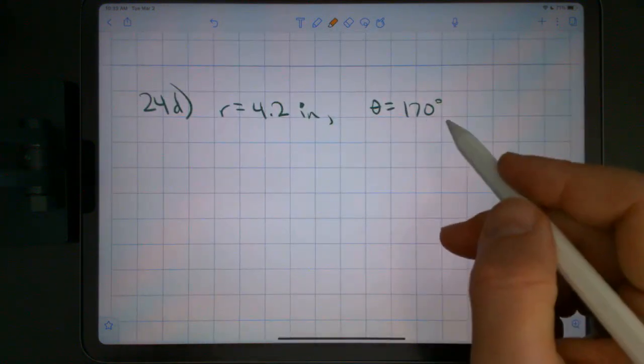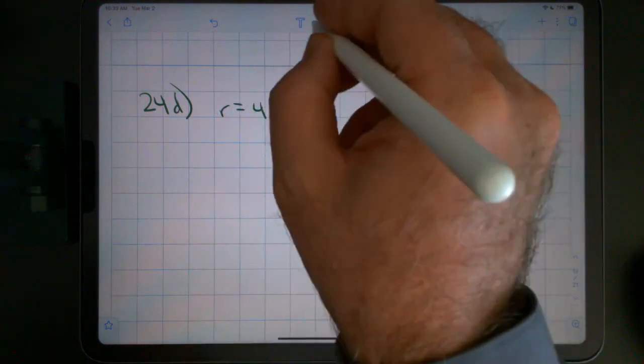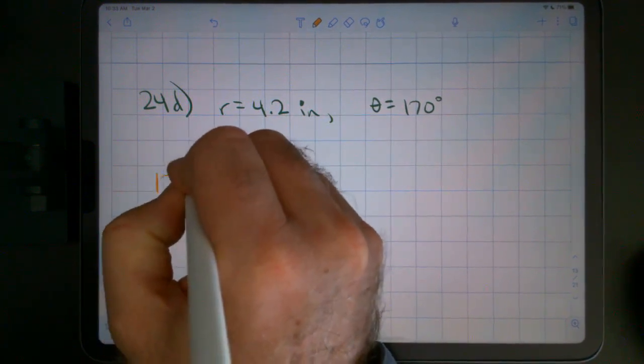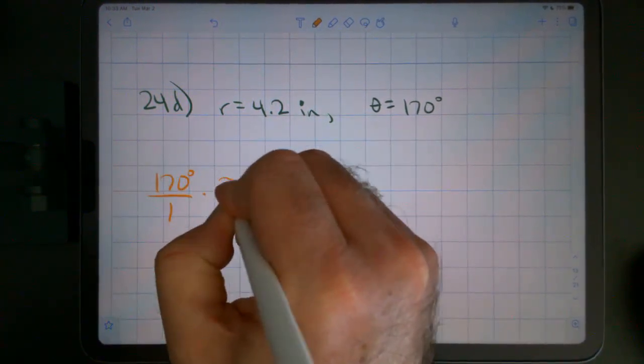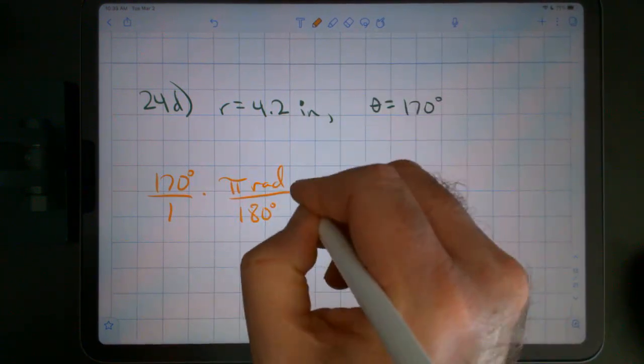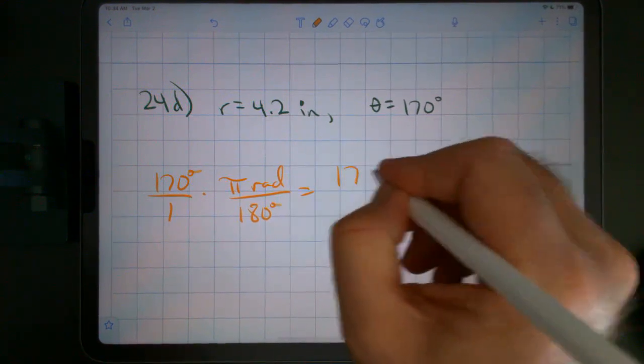Again, these are in degrees, so let's convert this into radians. Seventeen is prime.